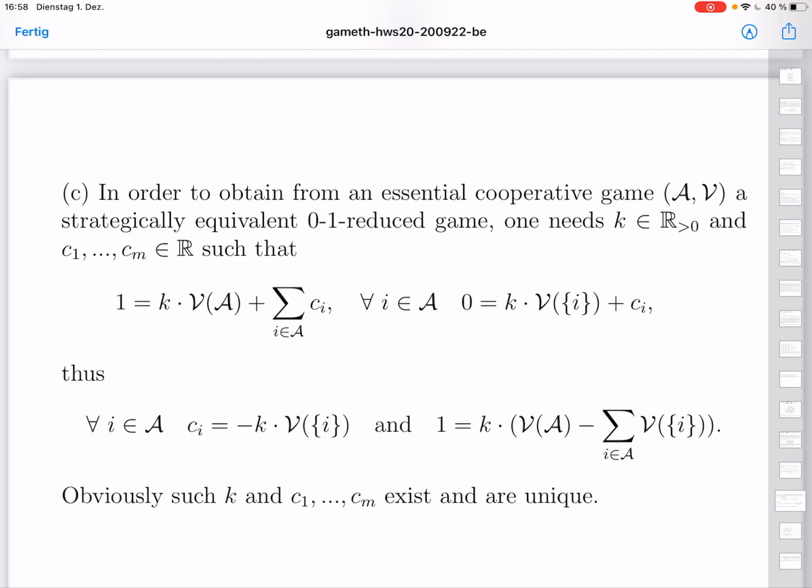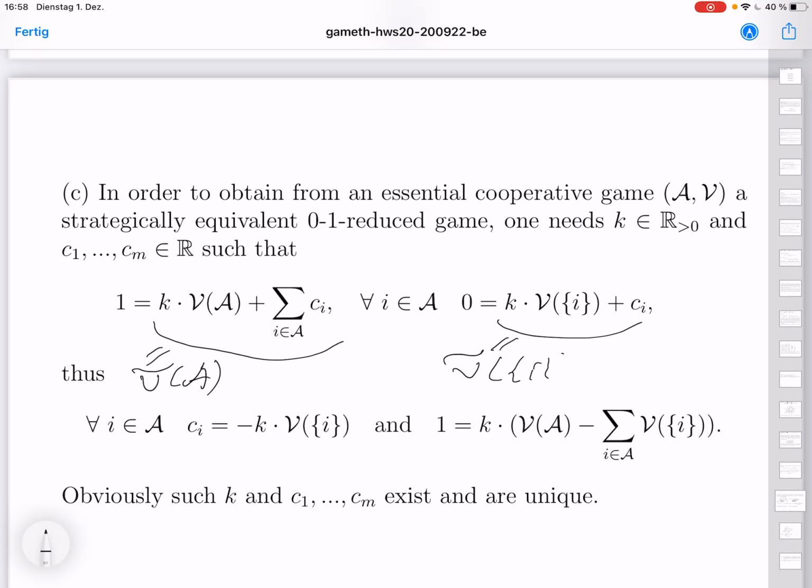So then the value of the total collision of the new game, V tilde of the total set, shall be equal to 1, because V tilde shall be 0-1 reduced. And here we get the value V tilde of the one-player collision, and that shall be 0.